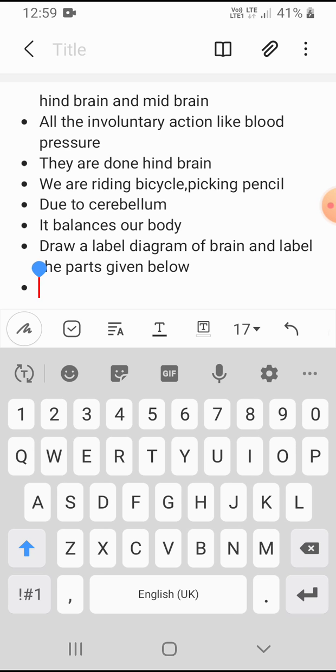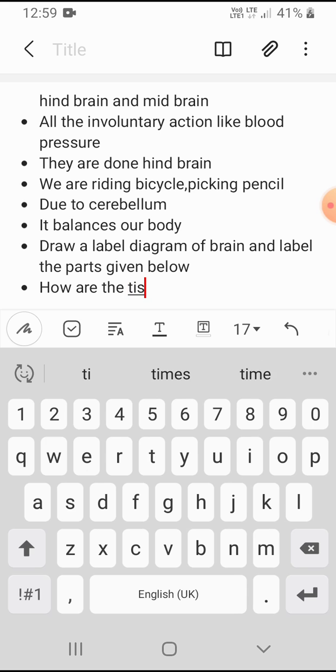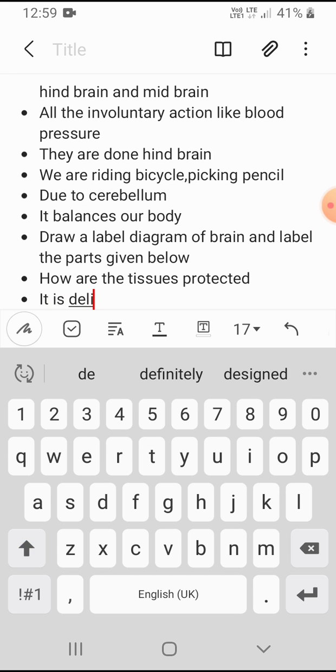The first topic: how are the brain tissues protected? There will be tissues in the brain. It is a delicate thing, as you all know.